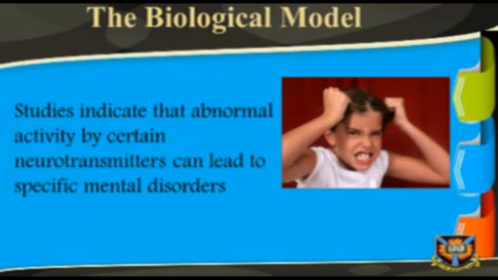Certain anxiety disorders, for example, have been linked to low activity of the neurotransmitter gamma aminobutyric acid, GABA. Schizophrenia has been linked to excessive activity of the neurotransmitters serotonin and norepinephrine.